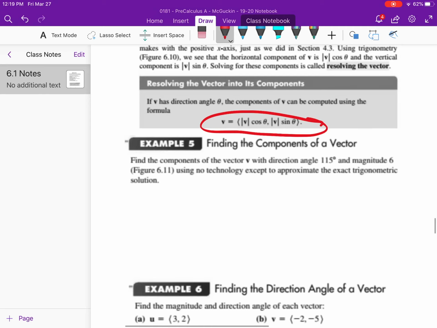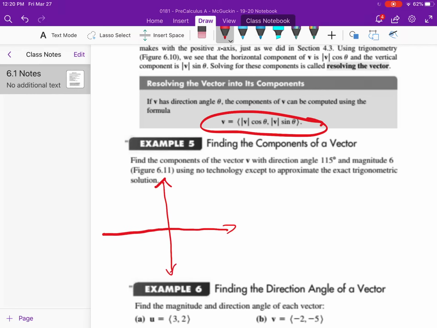Let's take a look at how we can utilize this in an example. It says find the components of the vector v with a direction angle of 115 degrees and a magnitude of 6. We want to do this without using a calculator. I'm going to draw a quick sketch.